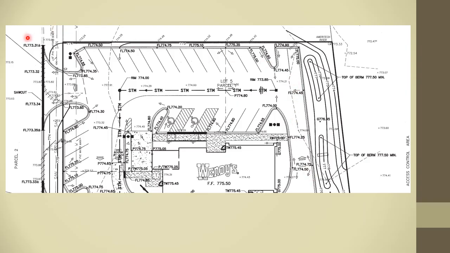Once again, a closer view of it. We do have some underground utilities. STM is more than likely storm, and you can see the direction of flow, an elevation of the rim of the inlet.